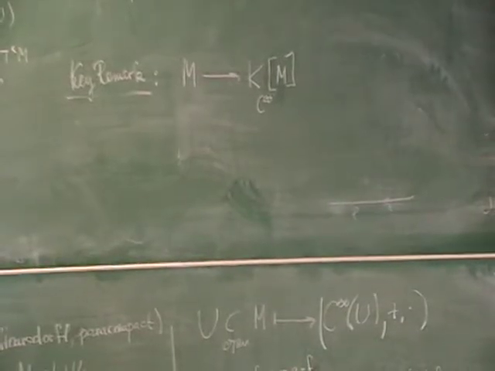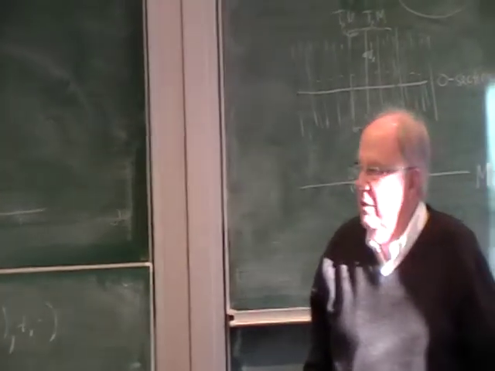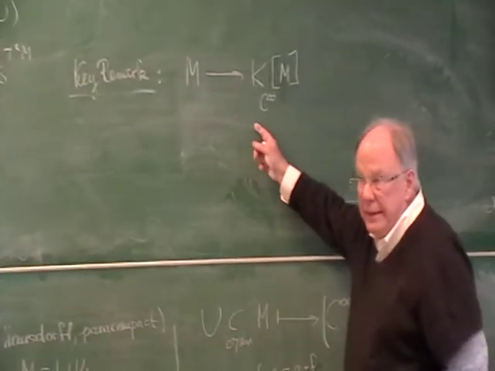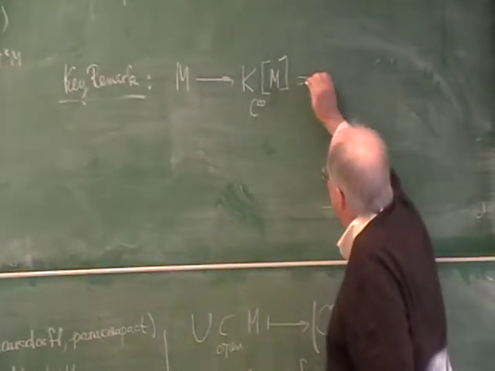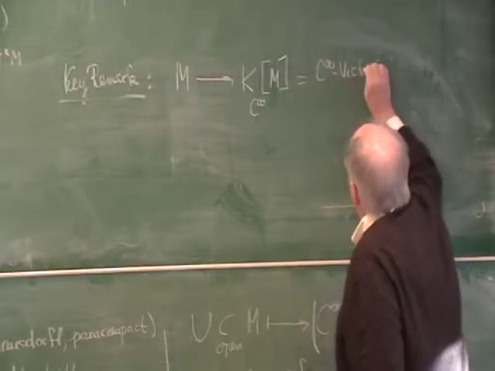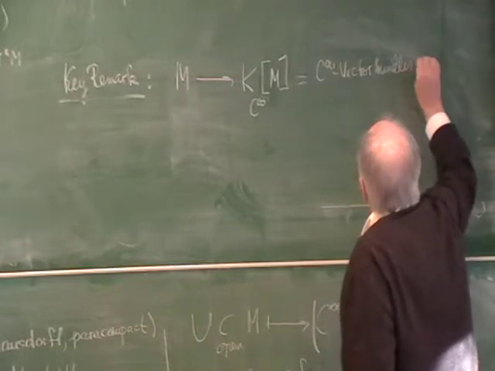This is an object originally maybe in topology, but then moved into algebra. And of course, I use this in smooth or holomorphic setting. And I mean by this, in this case, the space of C infinity vector bundles on M.